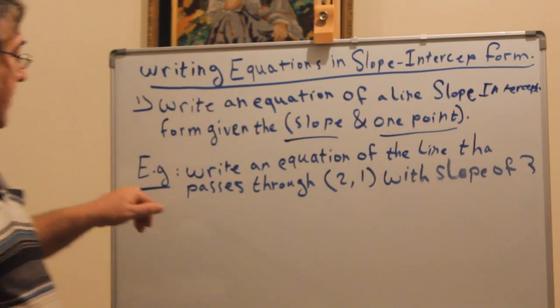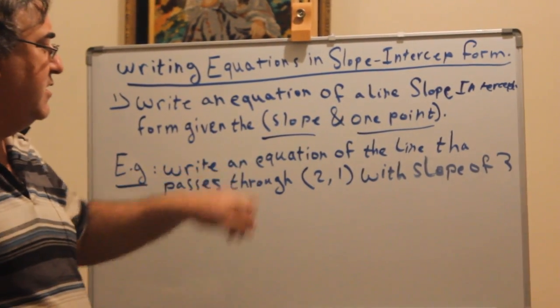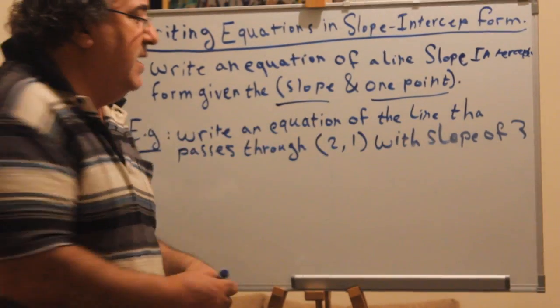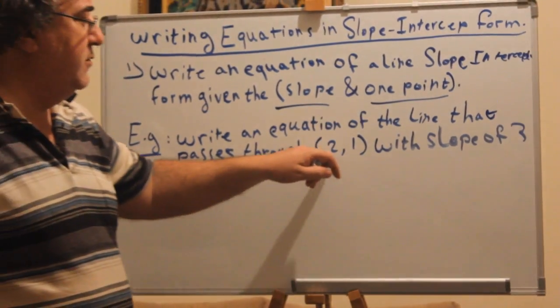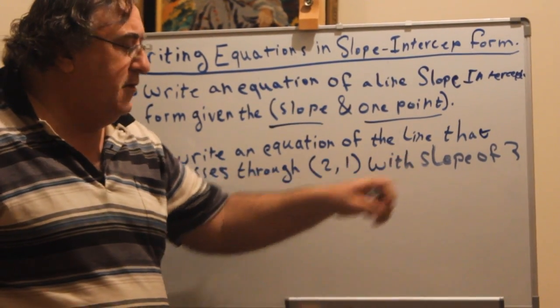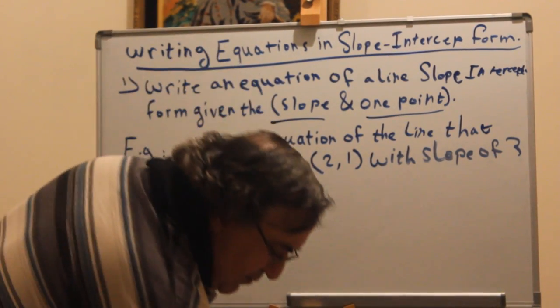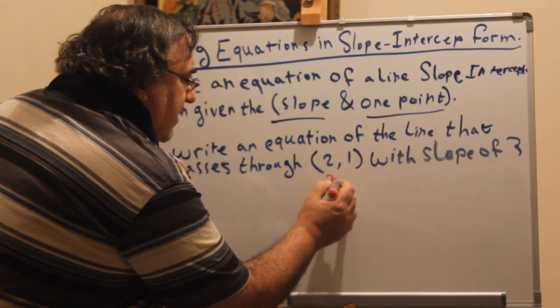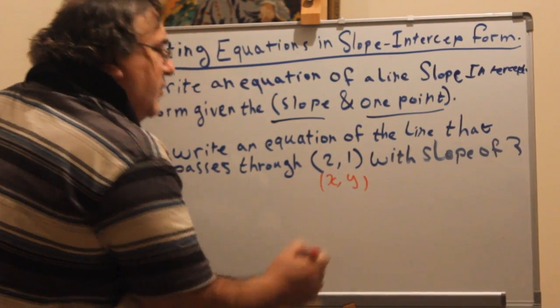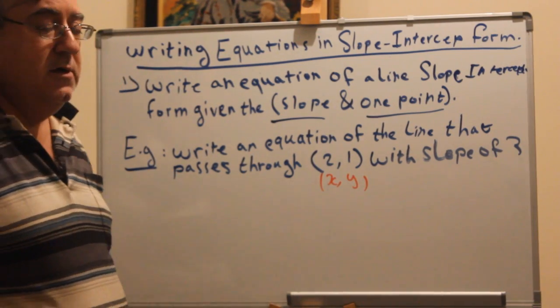So for example, write an equation of the line that passes through the point 2, 1 with a slope of 3. It's very easy. You know that 2 and 1 are the x and y coordinates of the point.